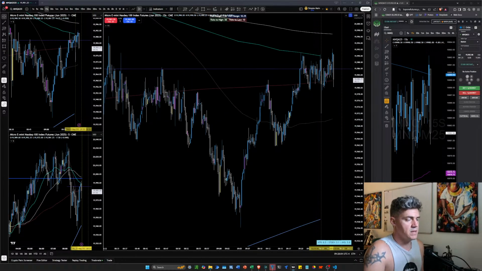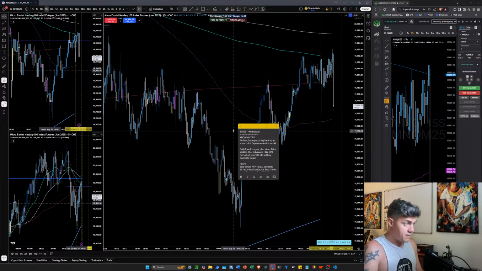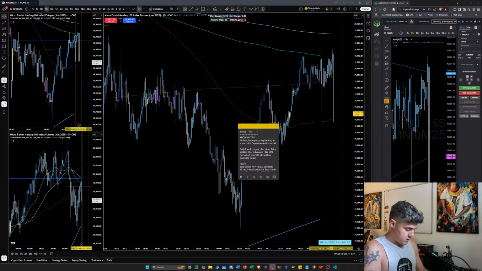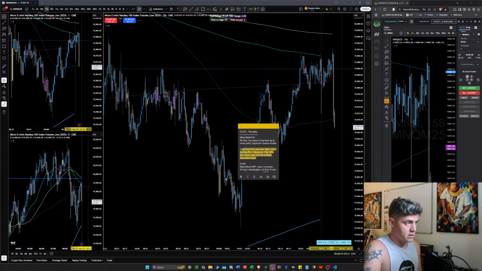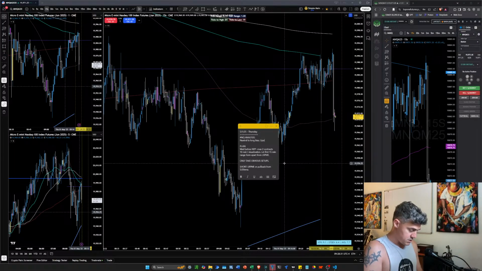We have an upside session model, so let's write out our plan. Just edited from yesterday. Thursday. Feeling a little rushed here, so not going to get too jiggy with it at the open. Neutral to long bias upside session model.